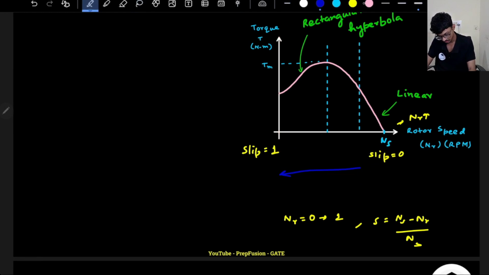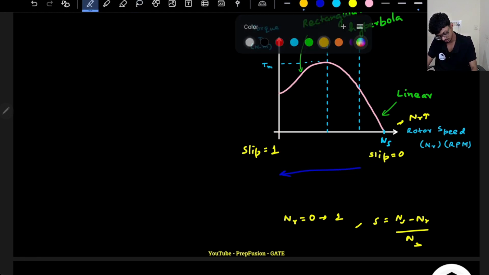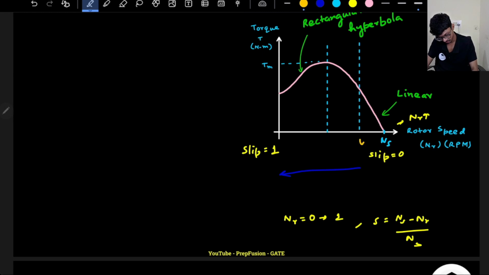This is the low slip region, and let's assume this portion is the high slip region.